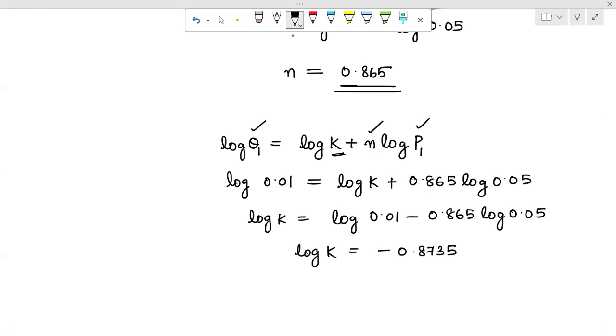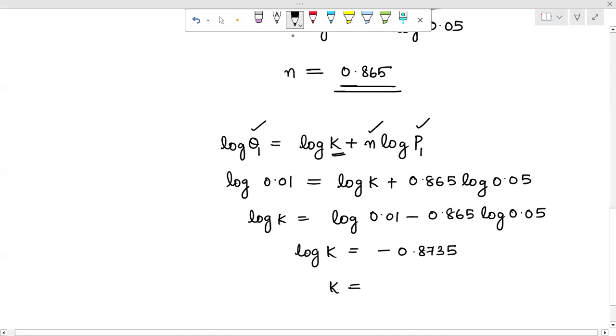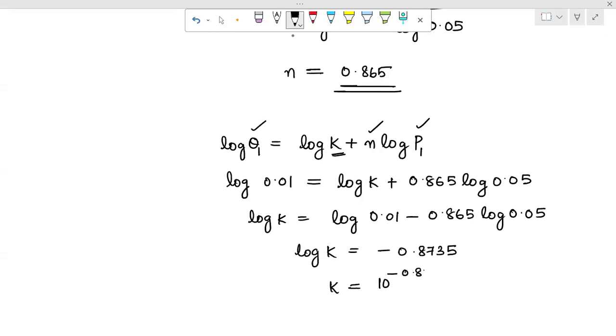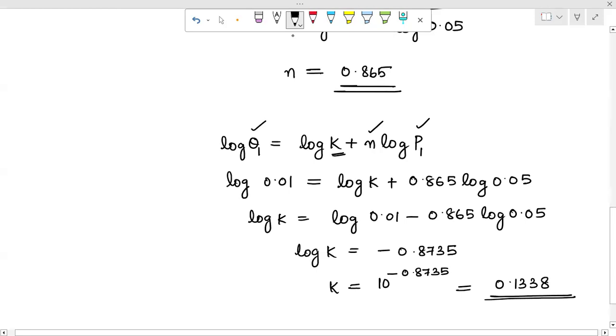If I need to get k, I'll need to take anti-log on both sides. So taking anti-log on both sides, k is equal to 10 to the power minus 0.8735, and this is nearly equal to 0.1338. This is the numerical value of k that we get.